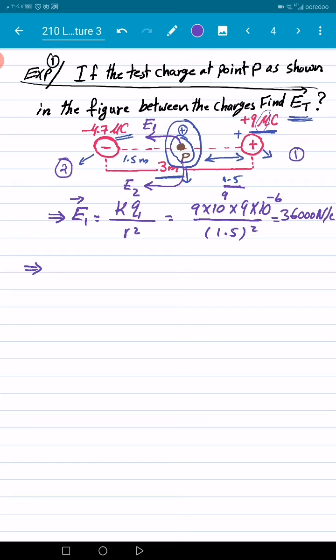Number two, E2. It is equal to K, the constant, Q2 over R squared.